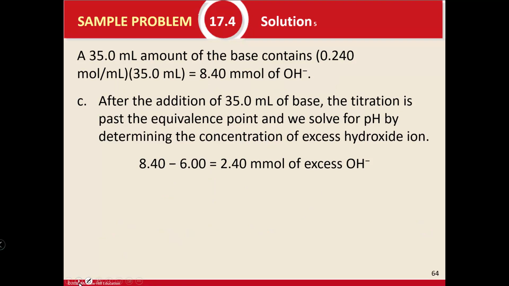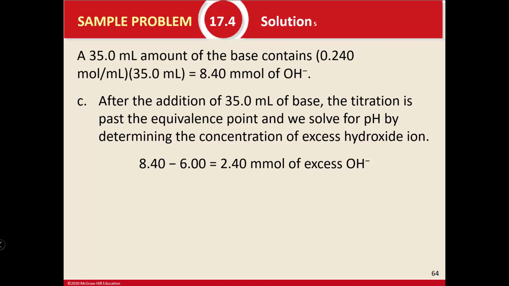All right, so at 35 milliliters of base, we've consumed every bit of the acetic acid, because we've added 8.4 millimoles of hydroxide ion. 8.4 millimoles of sodium hydroxide is equivalent to 8.4 millimoles of hydroxide ion.